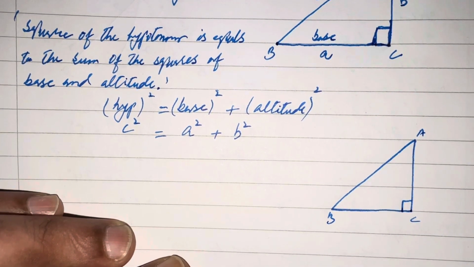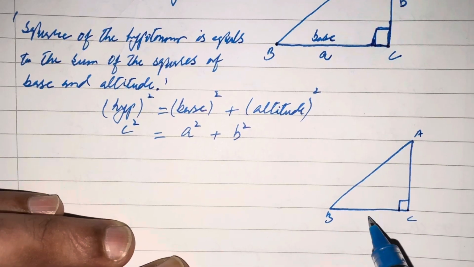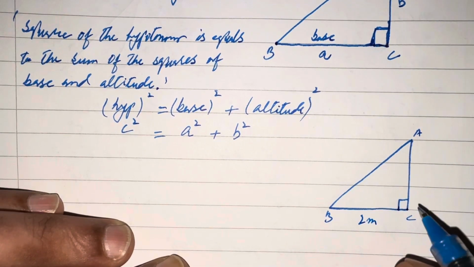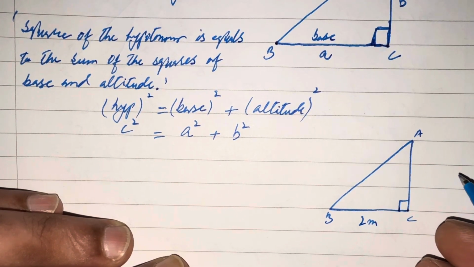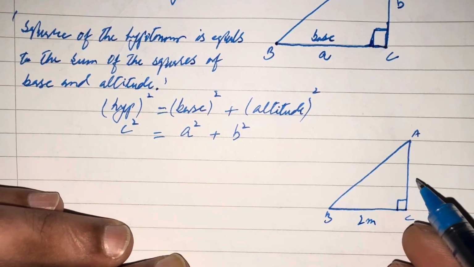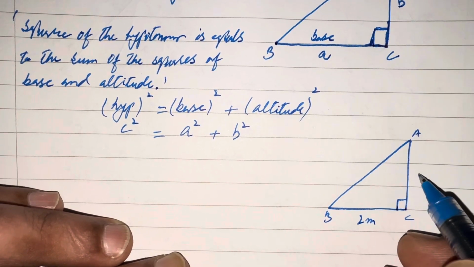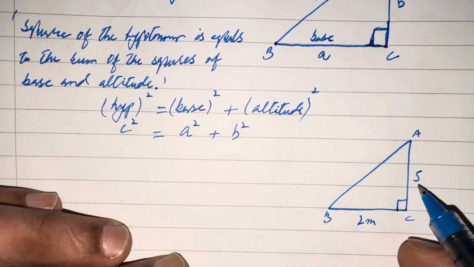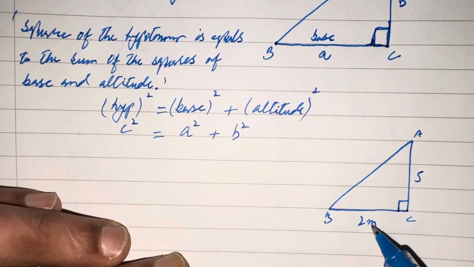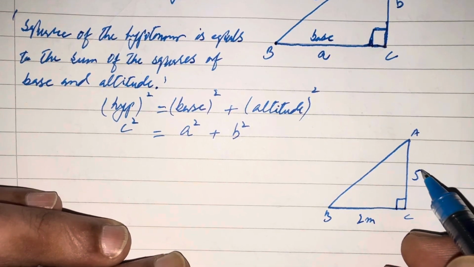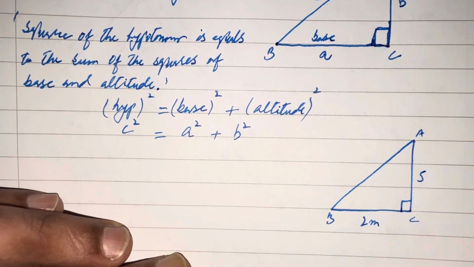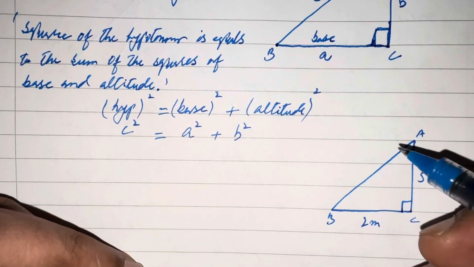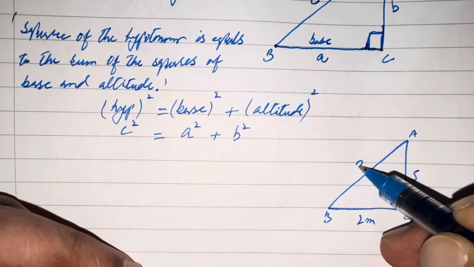If I say the length of this side is 2 meters, and the length of this side is 5 centimeters, we will have to find the length of this side.